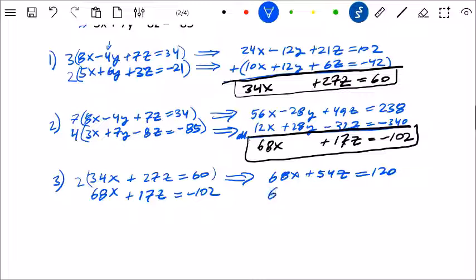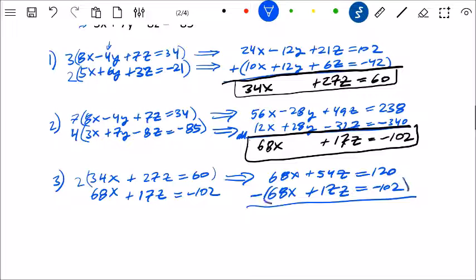And underneath it, I'm not changing that one, so I'll just copy it over. And then I'm going to subtract them, because only by subtracting am I going to be able to do the 68, take away 68 to make that 0. And that means it'll be 54 minus 17. I really must write that 7 better. Okay.